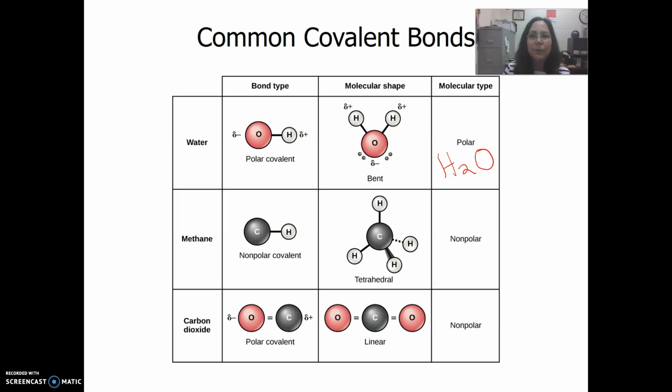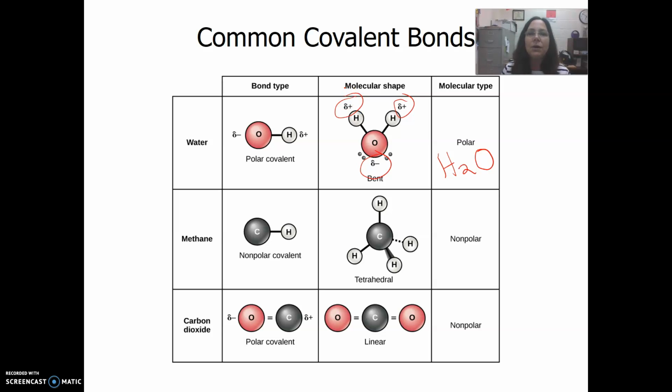And as you know from the previous example, oxygen needs two electrons to be stable, while hydrogen only needs one. So one oxygen with two hydrogens satisfies the octet rules of all three of those atoms. But the oxygen has a slightly negative charge compared to the hydrogen end of the molecule, which has a slightly positive charge.